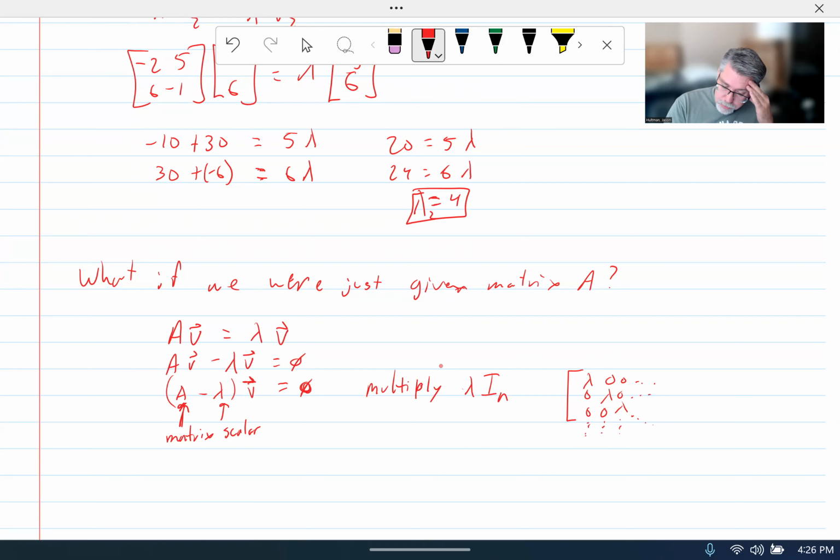And then I could subtract A minus lambda I, and solve for V. We first probably solve for lambda and then solve for V. So let me show you how this works.